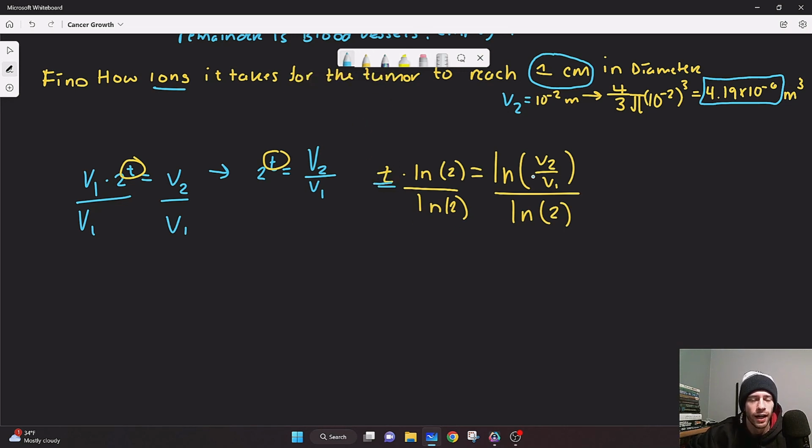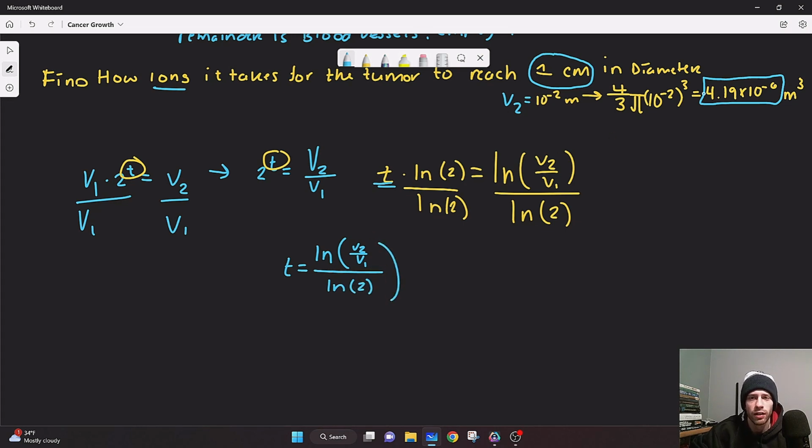We want to know the amount of time it takes for the volume of cancer cells to reach a tumor size of a diameter of 1 centimeter. And so t is equal to the natural log of V2 over V1, over the natural log of 2.